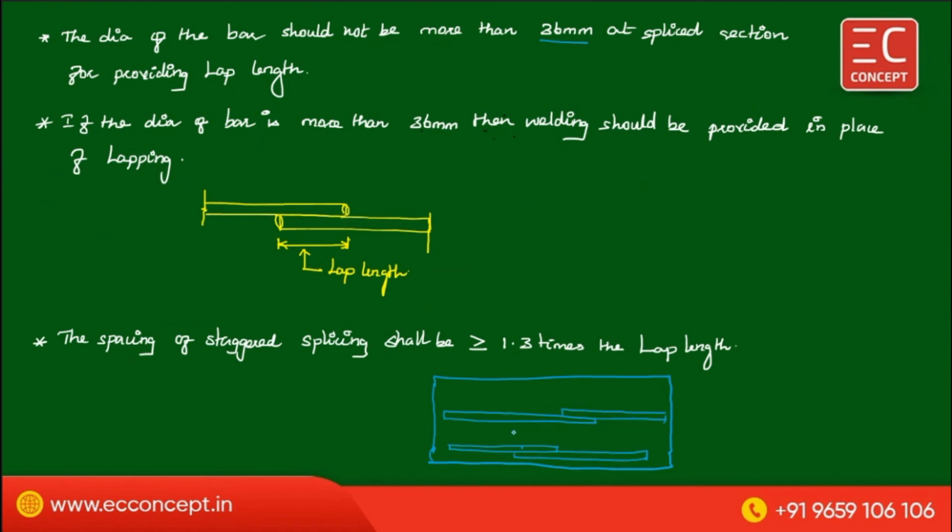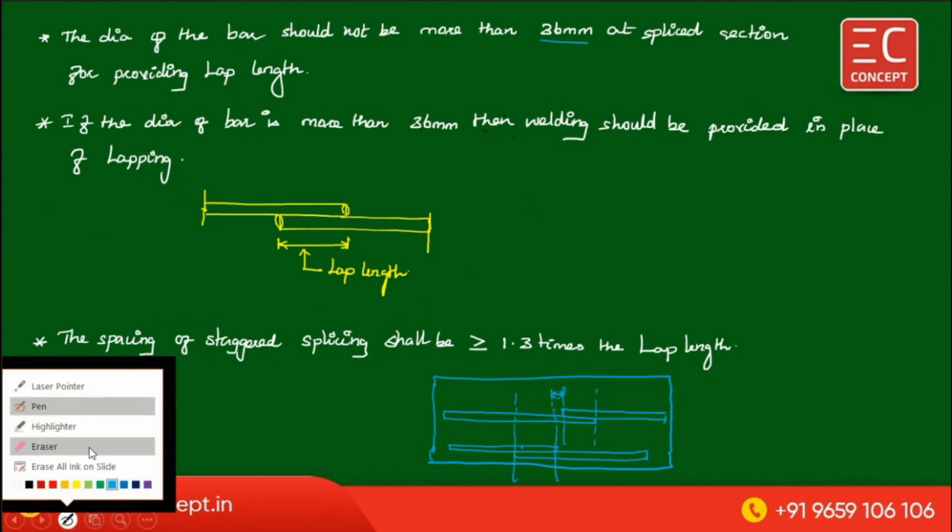So here this is the lap length, and here this is the lap length, and the distance between these two, I'm saying this is the staggered. This distance is 1.3 times the lap length. They are saying spacing between staggered splicing is 1.3 times the lap length. Okay, so this is also important.